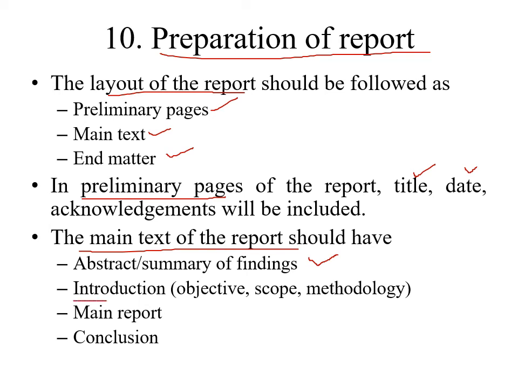Then the introduction, which includes the objective of your research, scope of your research, and the methodology. Then comes the main report: how you are going to implement your research idea and what the approaches are. That will be captured in the main report.